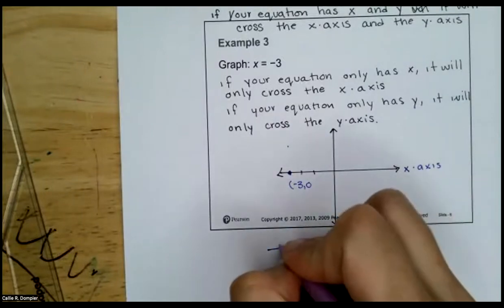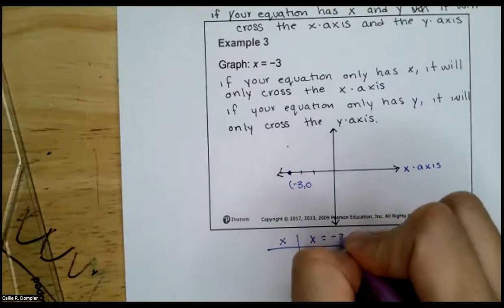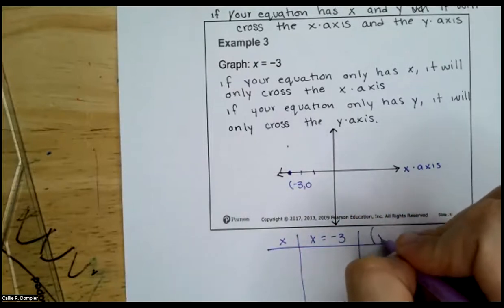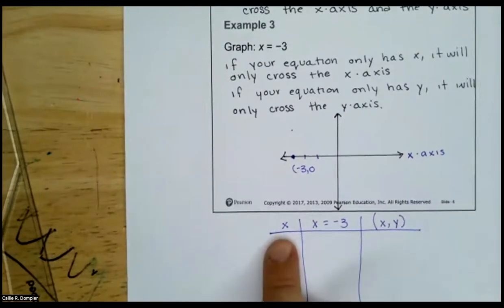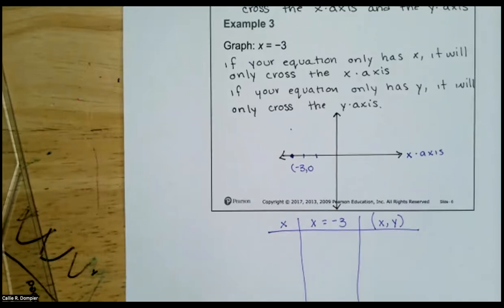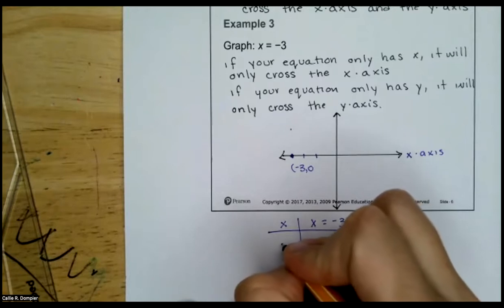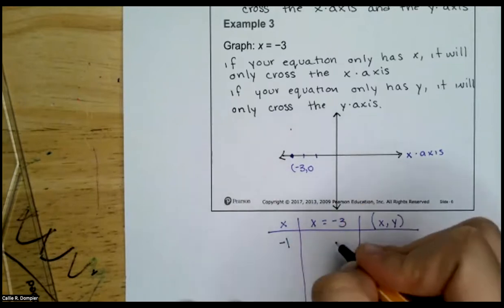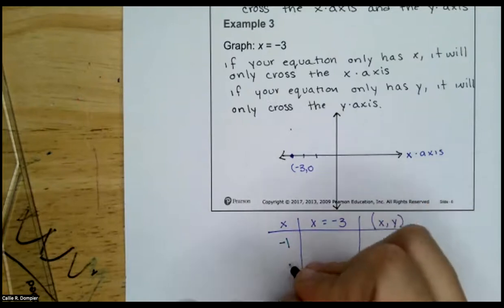If I was to make a table, this is how I make tables, right? Choose an x, put it in my equation, find y. Good. X is -1. It's just not true. It's not possible, right?